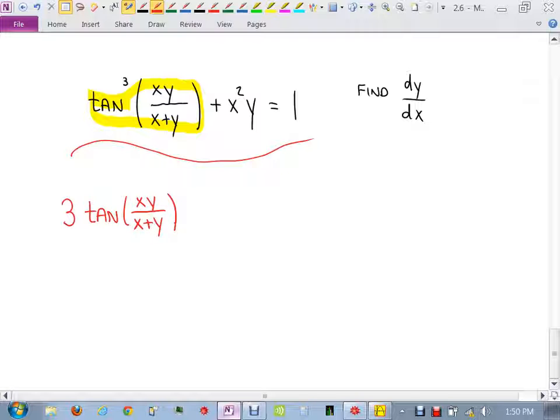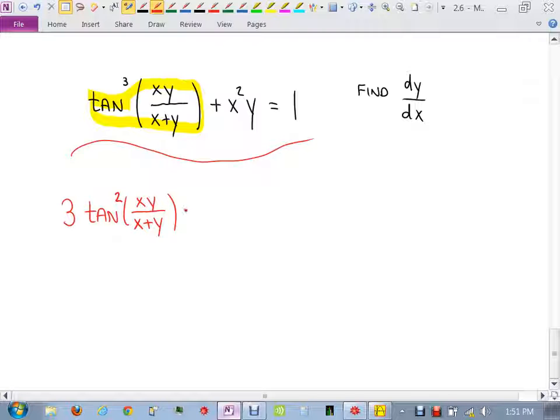Now how do I say squared? I can either put the whole thing in parentheses like this and square it, or I can just put the 2 on top of the tangent. Either way. That's the cleaner way, just like this. Okay, so that's 3 tangent squared of all that junk.